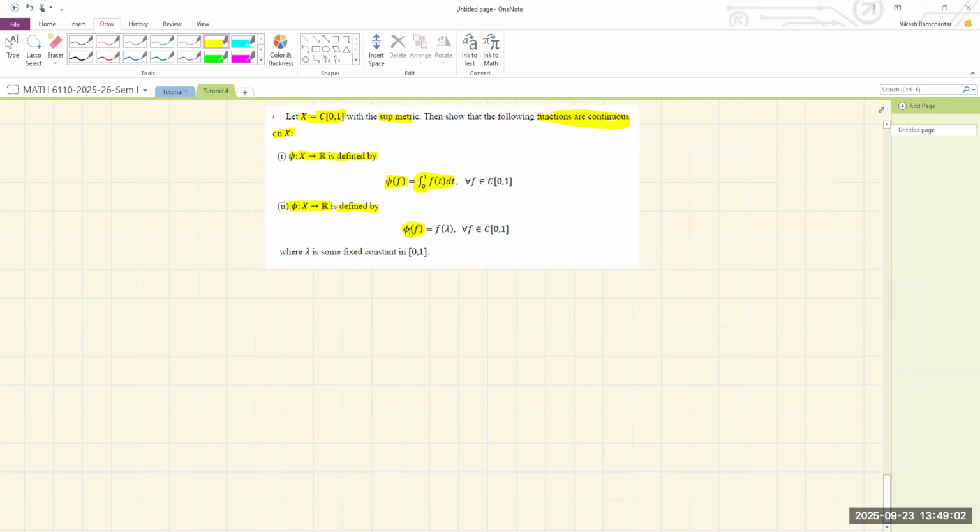All it's doing is evaluating that function at a point lambda, where lambda is some fixed value between 0 and 1. So we want to prove that these two functions are continuous. So we just need to recall what the supremum metric is.